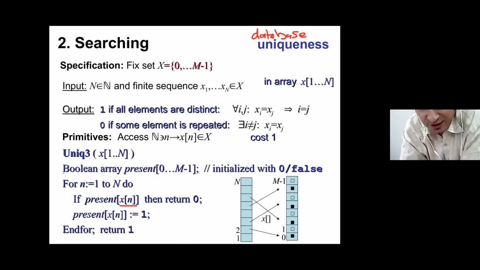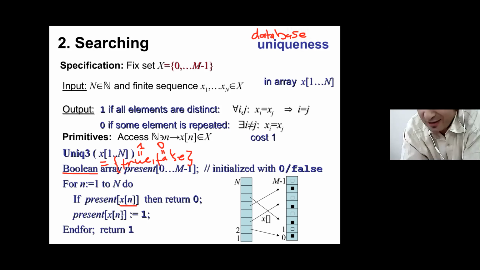You do this with Boolean, because Boolean is a data type which has only two values, true or false. For everybody who knows C, we tacitly identify true with 1 and false with 0. So these array elements take only 2 values: the value is 0 if xn was not previously encountered, and 1 if it was previously encountered.